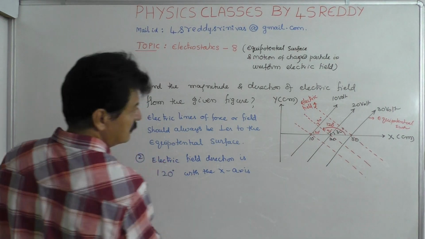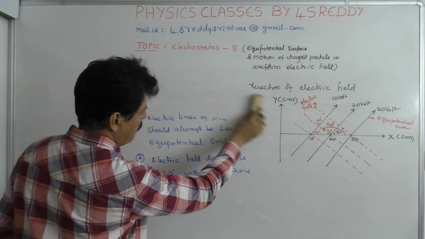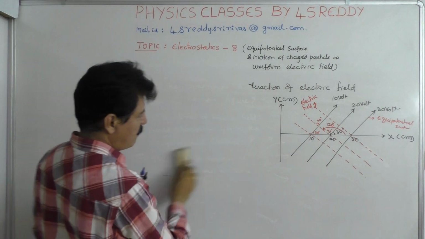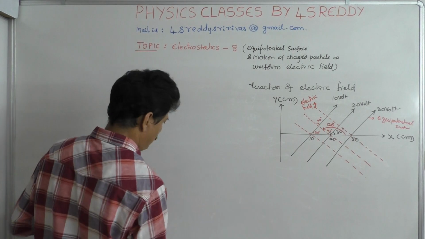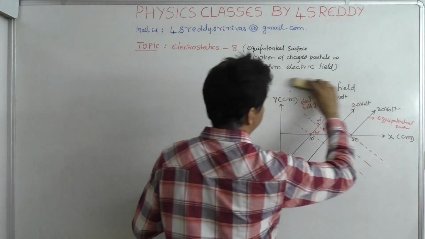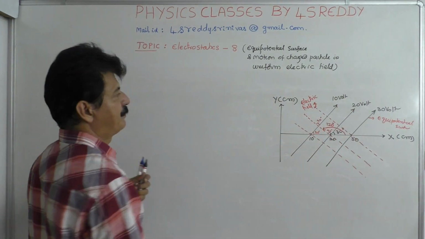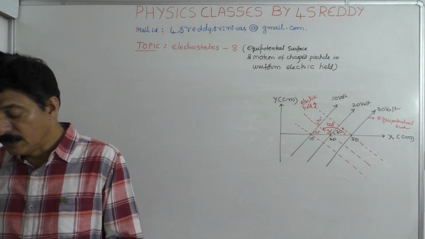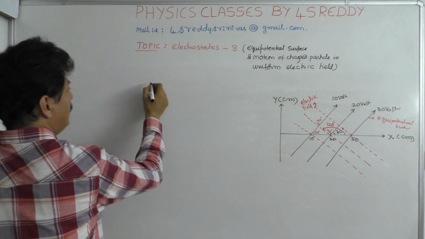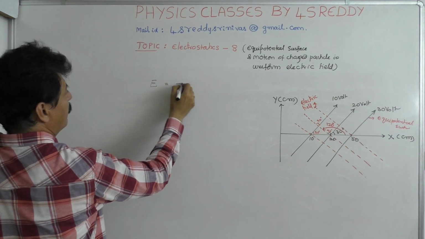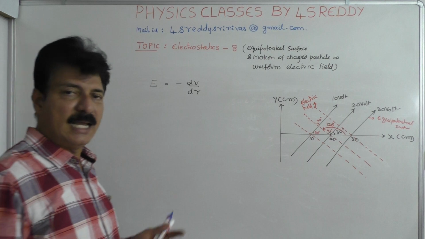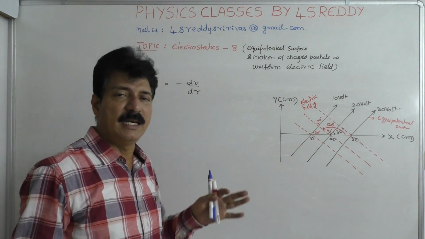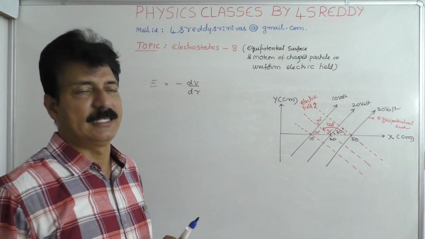Then for this, in the second case, we know that E is equal to minus dV by dr. That is, electric field intensity is nothing but the negative of the potential gradient.